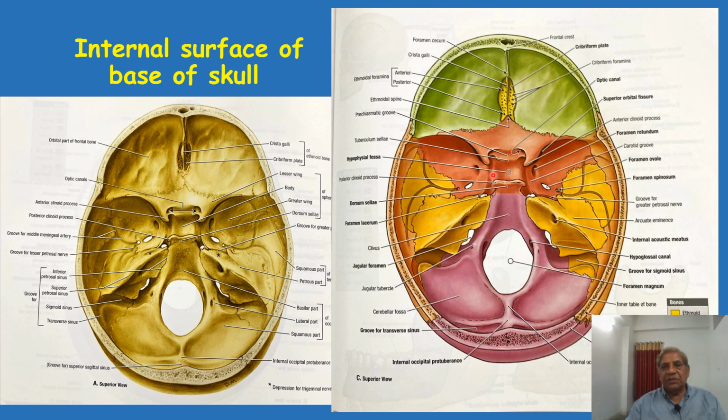The demarcation between these cranial fossae is this: between the anterior and middle cranial fossa there is a boundary, and where I am moving the pointer, this is the lesser wing of the sphenoid and anterior clinoid process of one side, and then the lesser wing of the sphenoid of the other side.